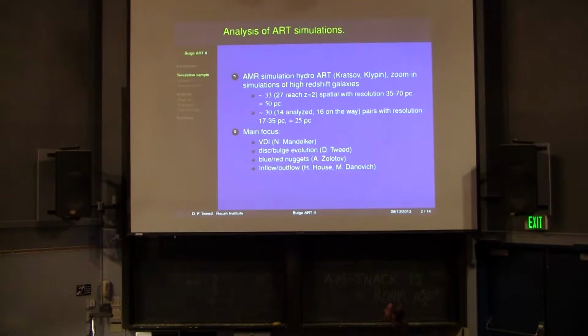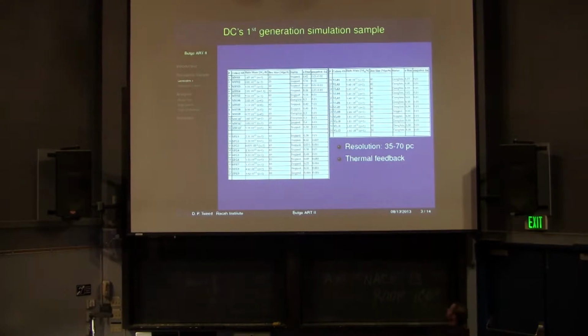The focus of our work, as you know, is VDI, disk bulge evolution, blue and red nuggets, and inflows and outflows. So I'm going to tell you about my part in this work. First, the different galaxy samples. Generation 1, we've already been publishing with: resolution 50 parsec, thermal feedback.